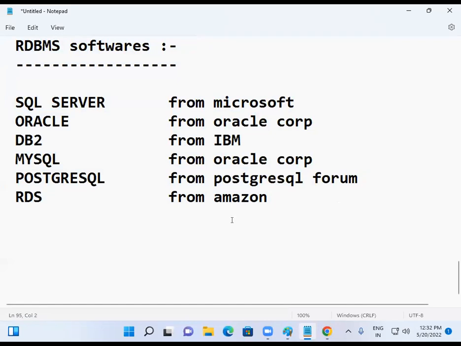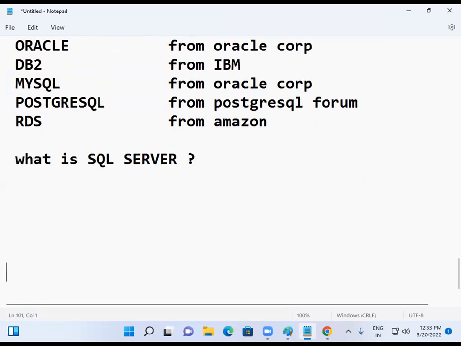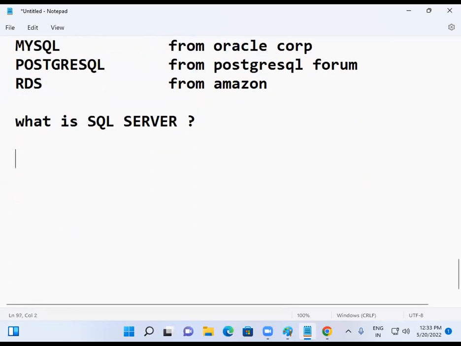Now if anyone asks you what is SQL Server, what is your answer?